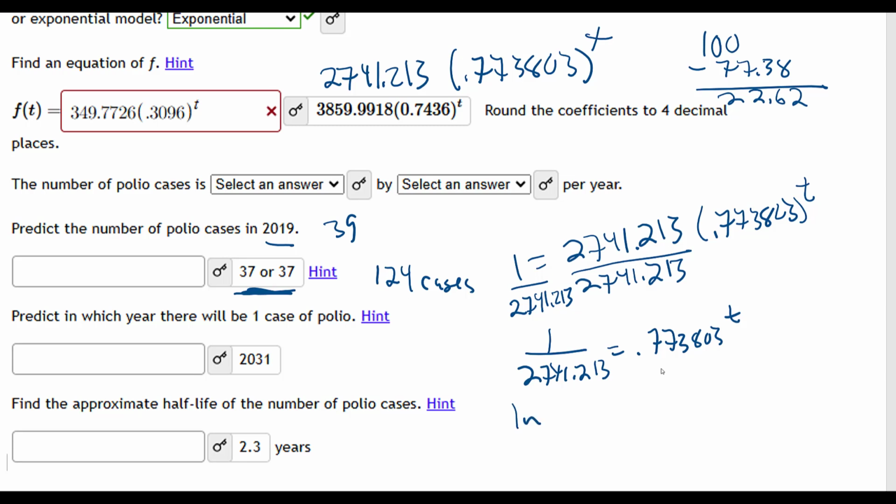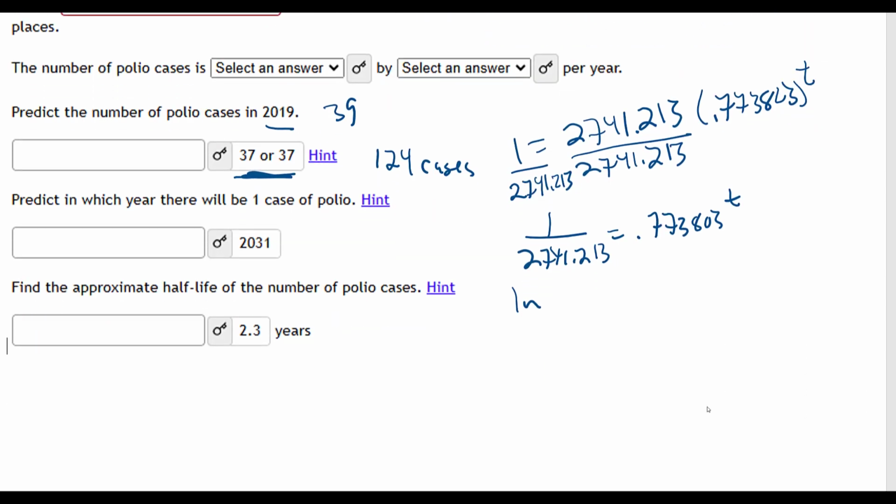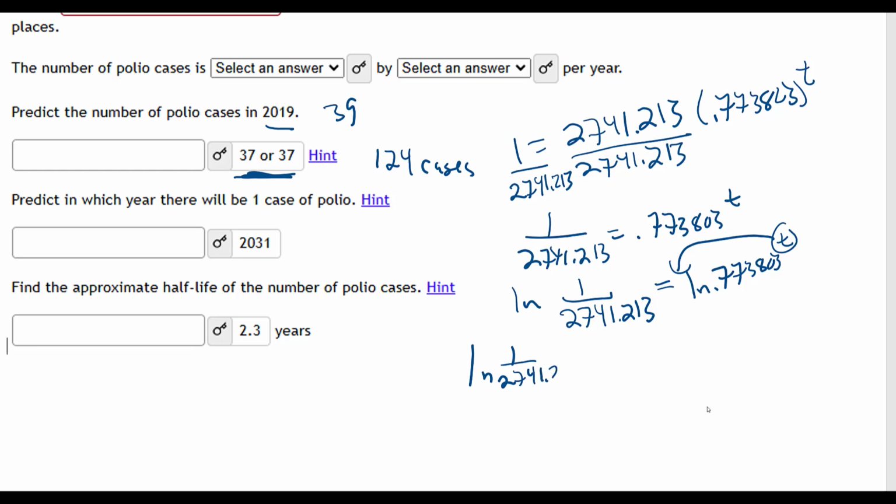Take the natural log of both sides. The t becomes a leading coefficient. So the natural log of 1 over 2741.213 equals t times the natural log of 0.773803, divided by the natural log of 0.773803.